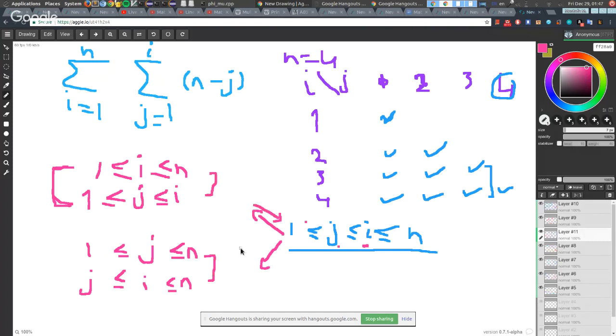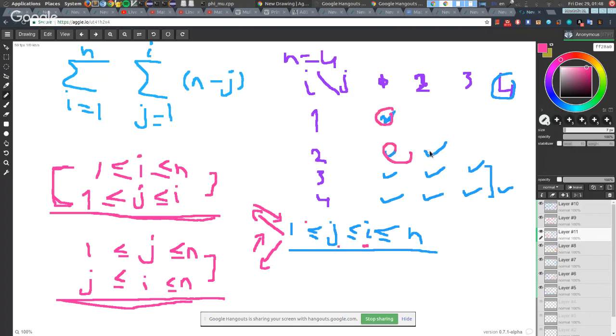Also, the conjunction of those 2 is equivalent to this expression. It means that all the pairs that satisfy these 2 conditions are the same pairs that satisfy these 2 conditions, which are all these pairs that we drew here in this table. So this helps us in reordering this summation.